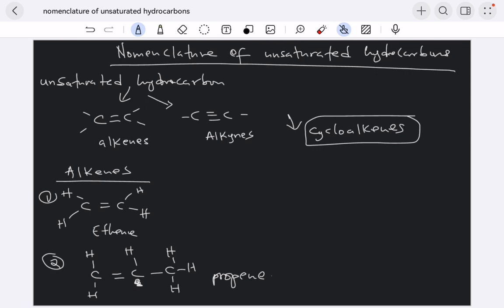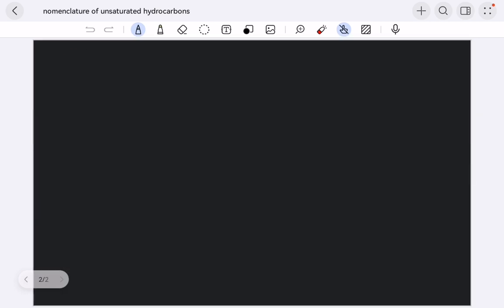Now, when we are using the IUPAC system to name some of the complex compounds that carry a double bond, for example, we can have a compound such as CH3, CH2, CH2, CH, then CH2.